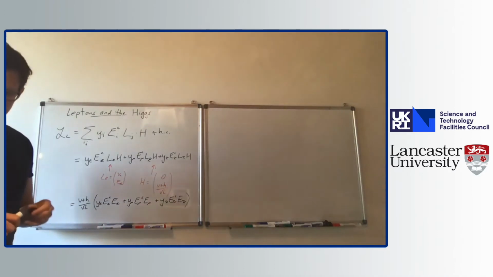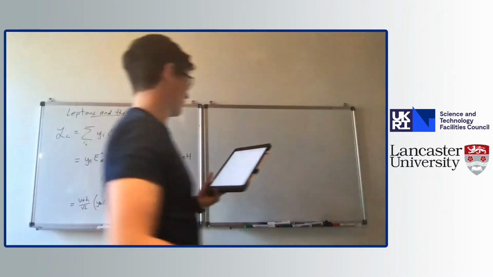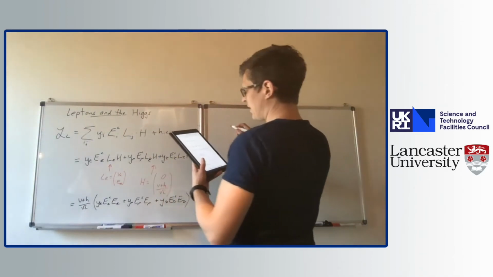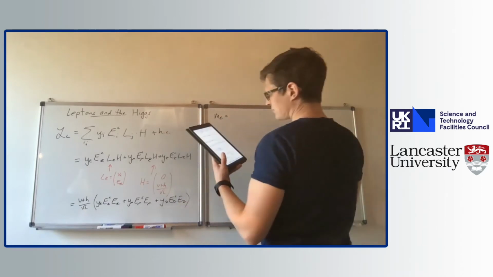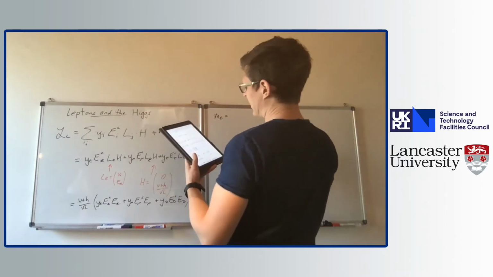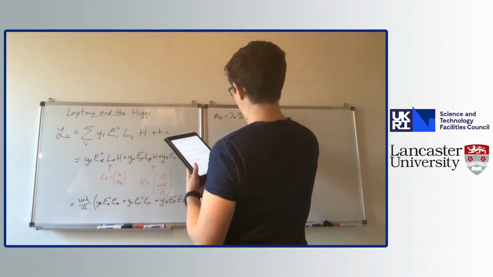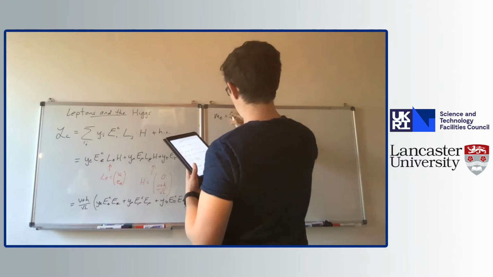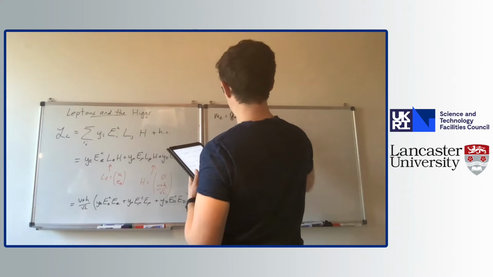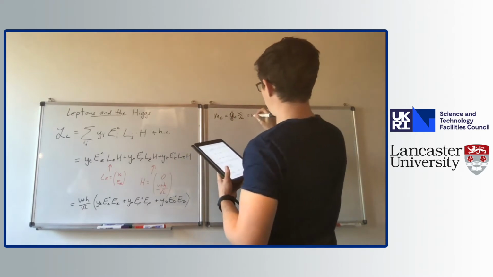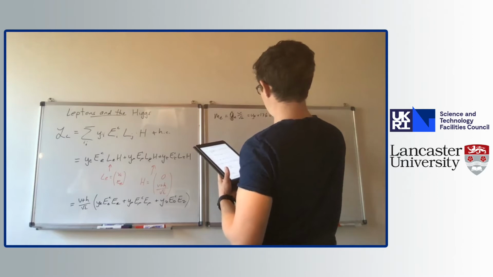And so we can see that these are pretty small numbers, right? The charged lepton masses. So for example, the electron mass, which is something that we measure, is 511 keV. But that is Y_e V over root 2. So that's something like Y_e times 174 GeV.